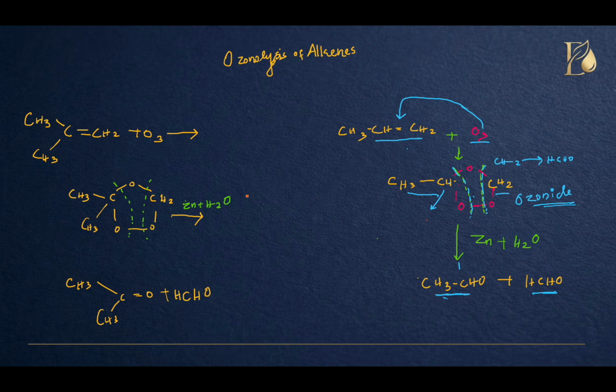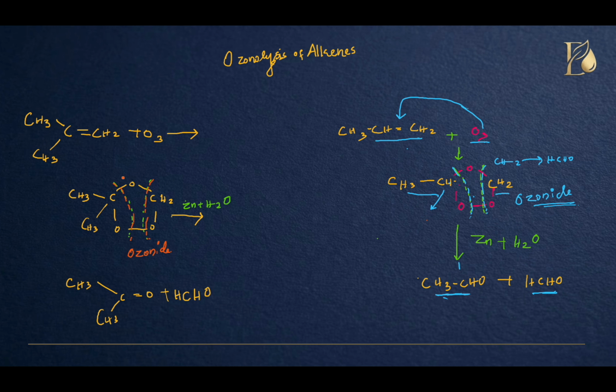We can check one example. Look at this compound, CH3, CH3, C double bond CH2. Ozone is added to this compound and forms the corresponding ozonide. Now in the presence of zinc dust and water, this ozonide will break. We can simply say that it is making of bonds and breaking of bonds.